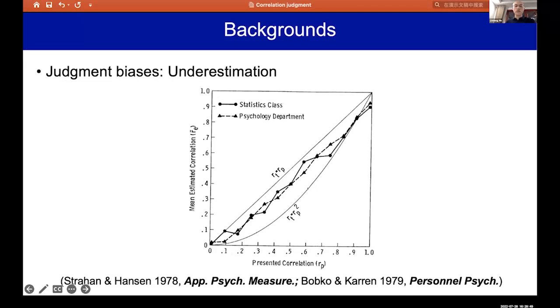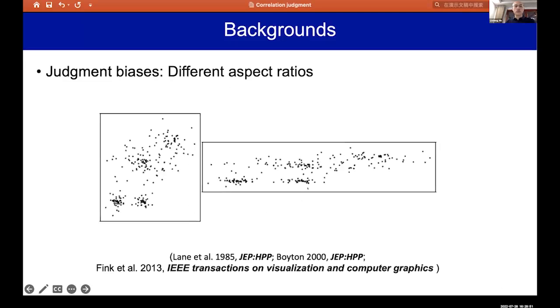This comes from some very classic early research. And of course, there are other aspects of behavioral biases in such judgment, like different aspect ratios, and a number of others which I don't mention here. But the big idea is we make biased judgments from those visual inputs.